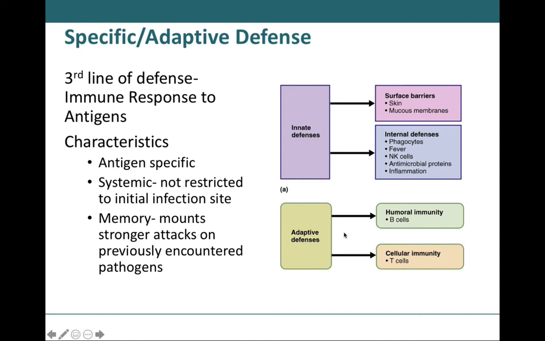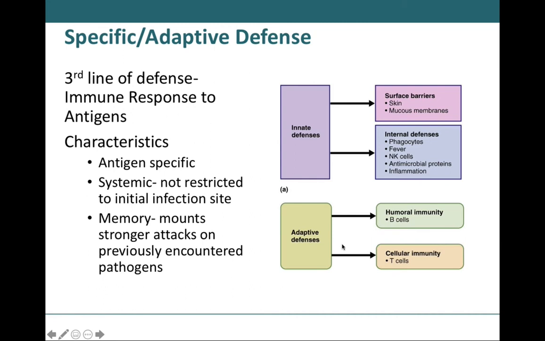So let's first distinguish the characteristics of the adaptive immune system as a whole, and then we'll start to break down its major branches. So first and foremost, as I've said several times, the adaptive immune system displays both specificity and memory. Those are the key characteristics of the adaptive immune system as a whole.